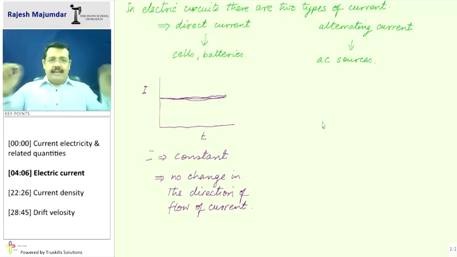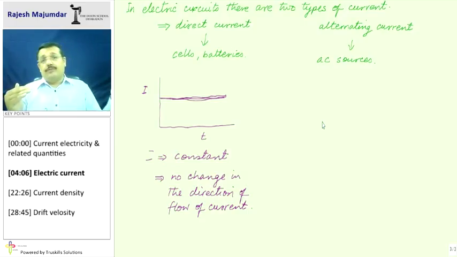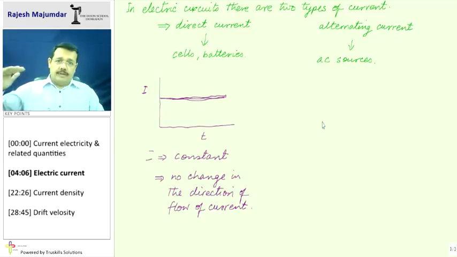If there is a wire and current is flowing from left to right, it will keep on flowing from left to right. There is no change in direction such that after a certain time, current will start flowing from right to left. It is not like that. It will always pass from left to right or from right to left, whatever the case may be in the wire.